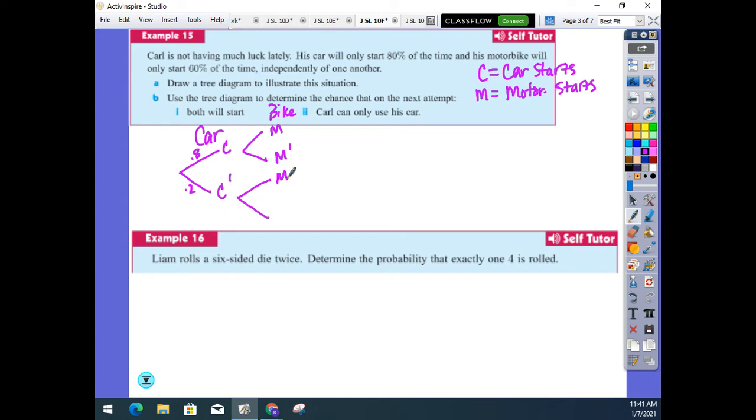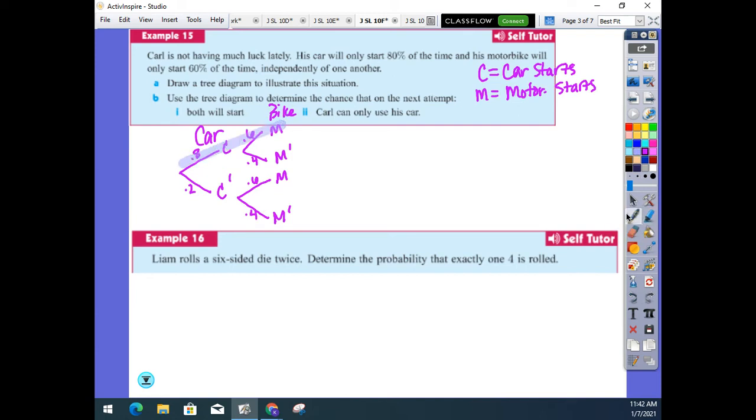What happens with the motorbike? It either starts or it doesn't. So this is all the different possibilities. Since the motorbike starting is 0.6 and not starting 0.4, it will be the same for this diagram. When you calculate probability on a tree diagram like this, you just multiply straight across.